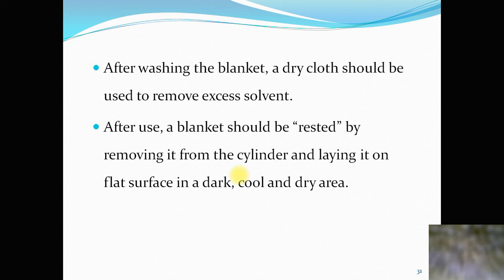After use, a blanket should be rested by removing it from the cylinder and laying it on a flat surface in a dark, cool and dry area.